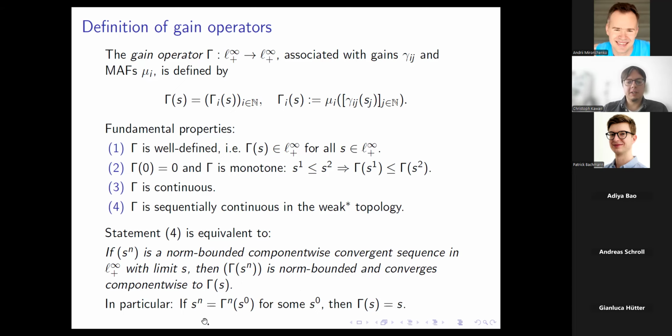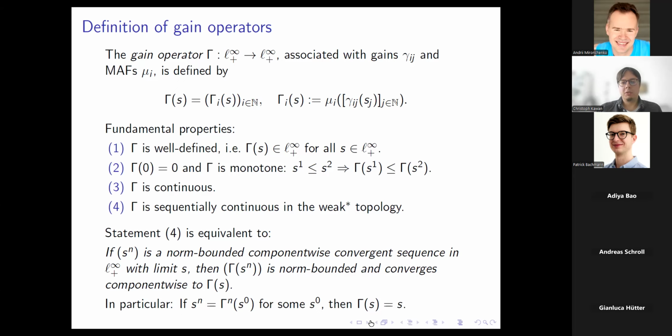And in particular, this implies that if the sequence here happens to be a trajectory of the gain operator, so if Sn is like the nth iteration of gamma applied to some fixed vector S0, then from that we easily see that the limit vector S must be a fixed point of gamma, right?